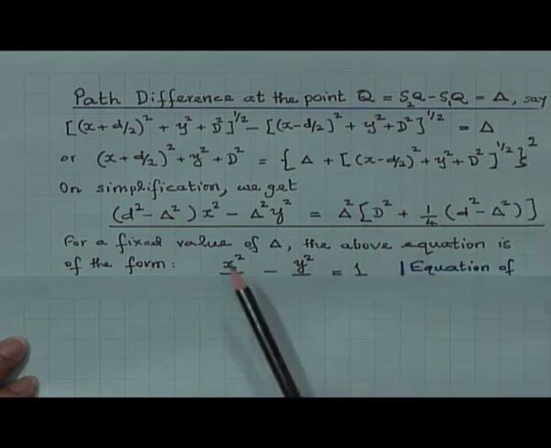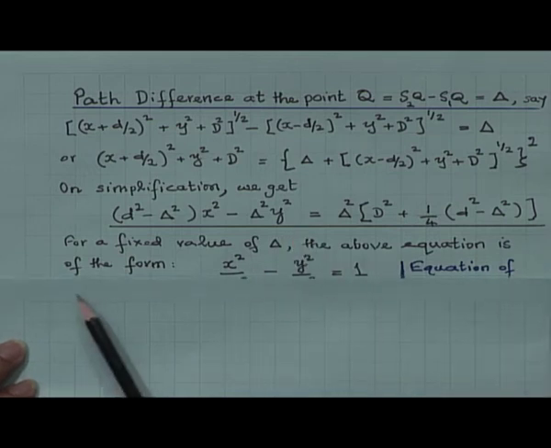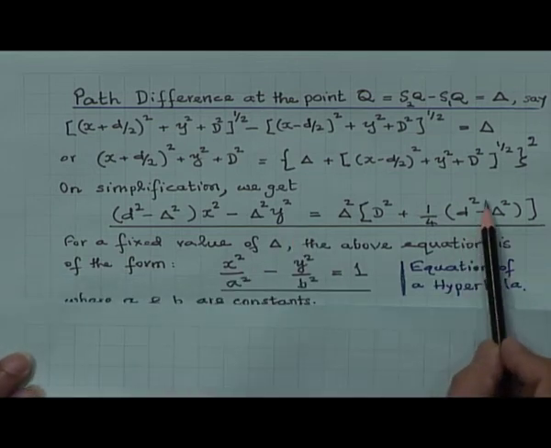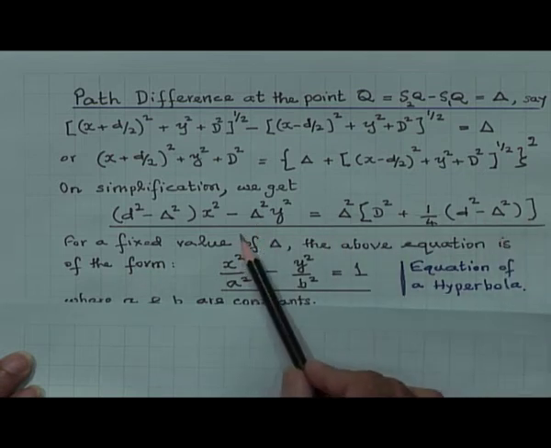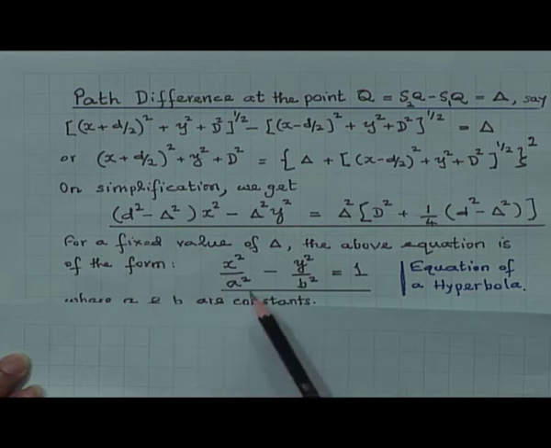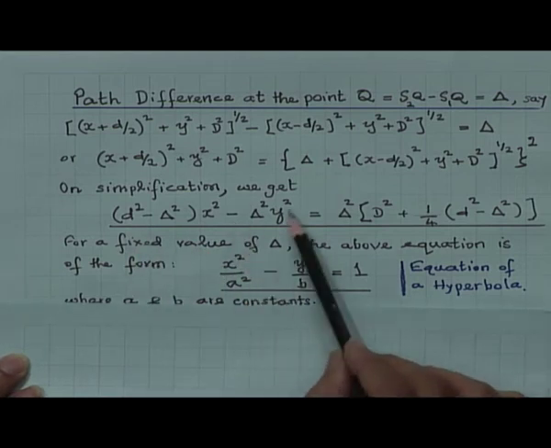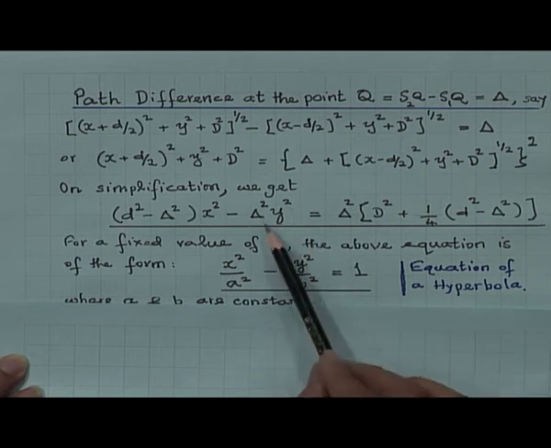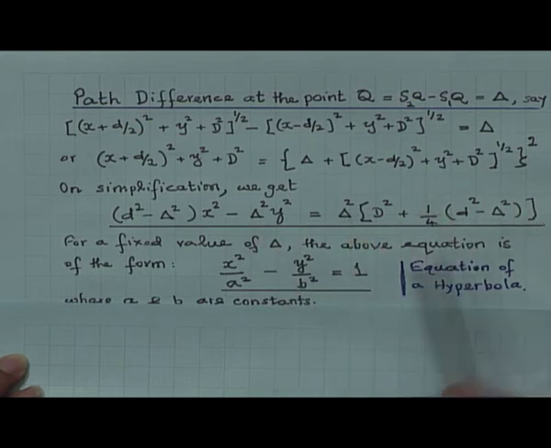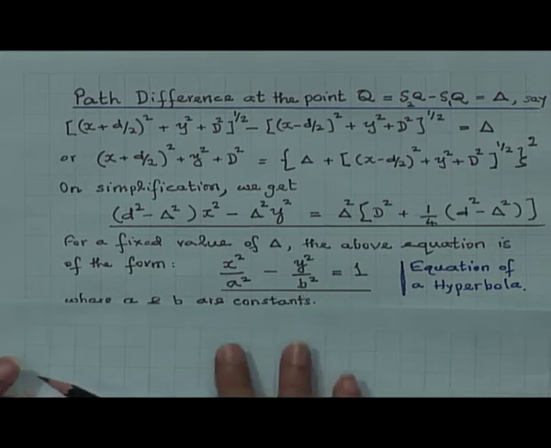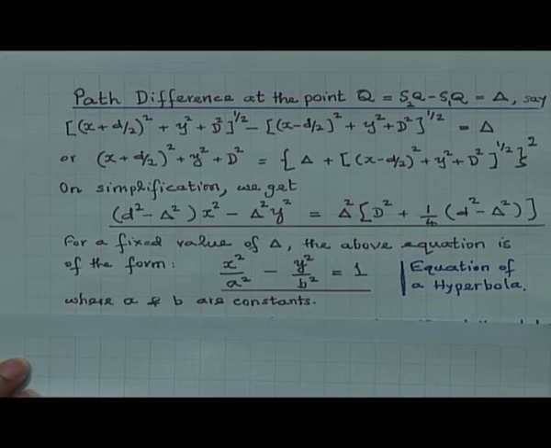So, for a fixed value of delta, the above equation is of the form: we can divide by this on this side, then it is of the form x²/a² minus y²/b² is simply delta² divided by all of this. So, delta² cancels. So, this in the denominator is b², equal to 1. So, this is an equation of a parabola.